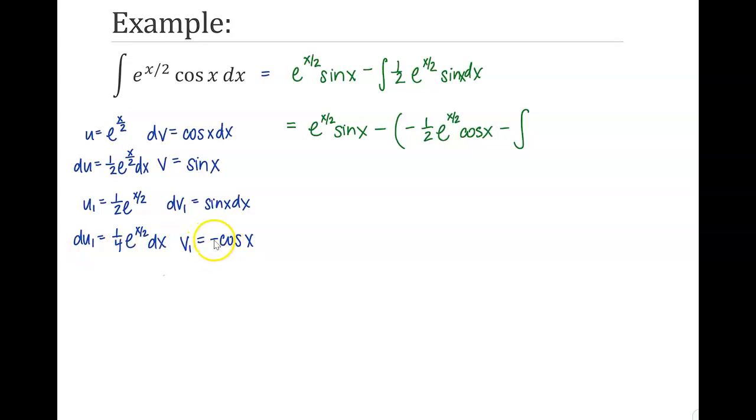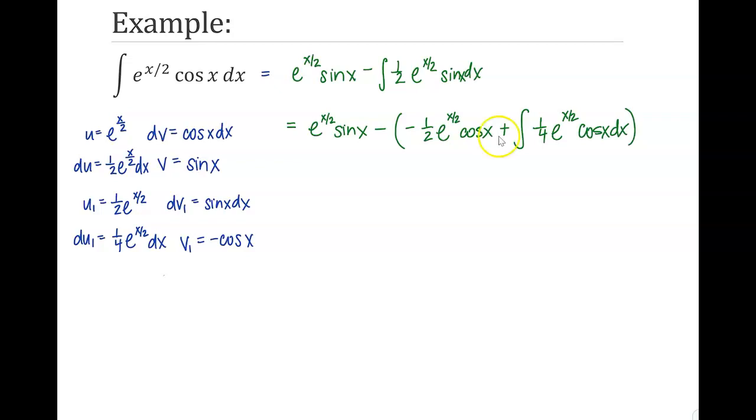So there was a negative, so it's going to be negative 1/4 e to the x over 2 cosine x dx, but there's a negative here, so I'm just going to make this a positive 1/4 e to the x over 2 cosine x dx.